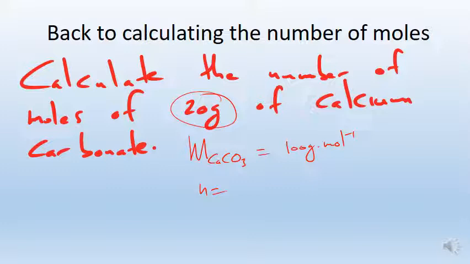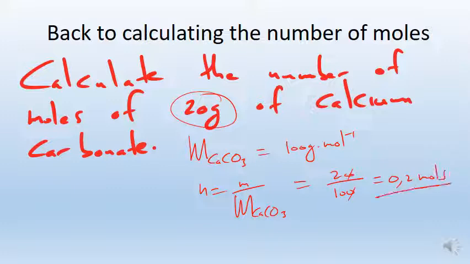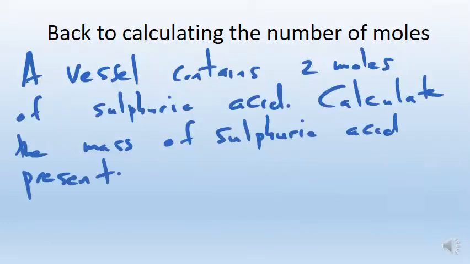Formula for number of moles is mass over, in this case, the molecular mass of calcium carbonate. The mass was 20, and that's 100, so that's 2 over 10, which is 1/5. So this gives me 0.2 moles. So 20 grams of calcium carbonate is the same as 0.2 moles of calcium carbonate.